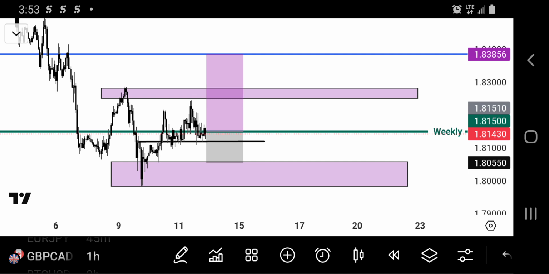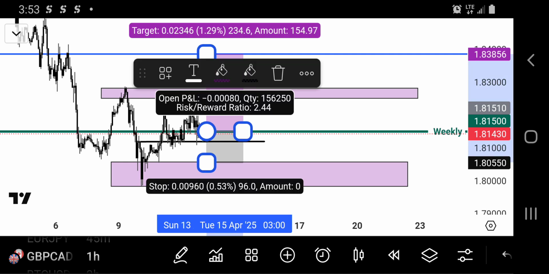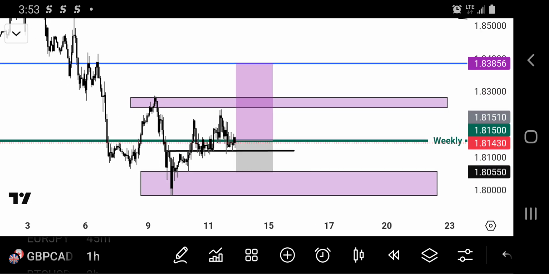There's a 1:2 exactly. That makes sense also. The market opens, you can take it, and that's it. Or you can wait for the market to go up to that zone, break it, come back and retest, and then start getting long. So you just monitor the market, understand the flow, and go from there.